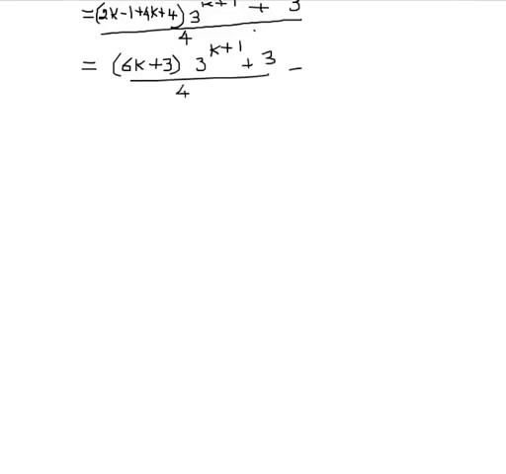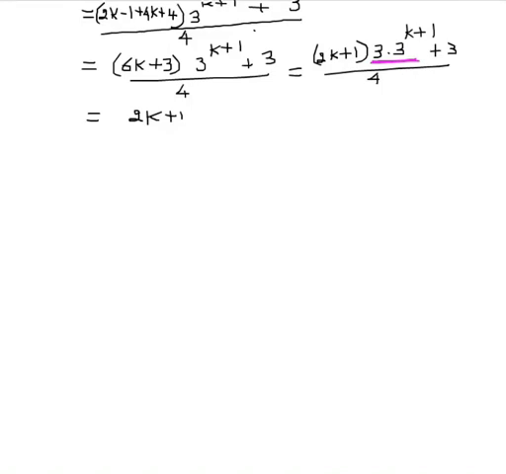Here in this 6k plus 3, 3 is common. Let us take 3 out. We get 2k plus 1 into 3 into 3 power k plus 1 and plus 3. So these two we can combine. Here the power is 1 for the first 3. For the next 3, the power is k plus 1.